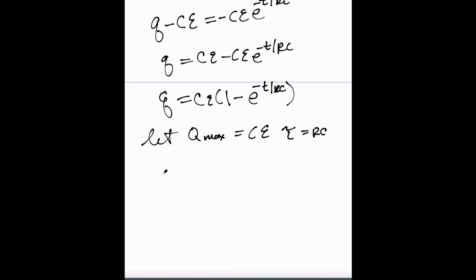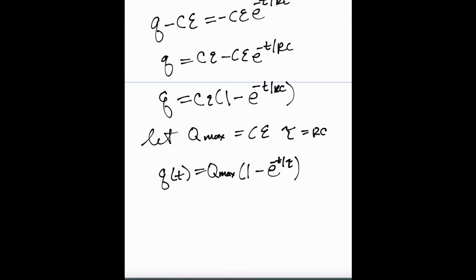If we do that, then we get an answer where Q as a function of time is Q max times 1 minus e to the negative t over tau. And like I said before, when t is equal to 0, we actually have no charge at all on the capacitor. And when t gets really, really large, this expression becomes 0, and we're left with Q max.